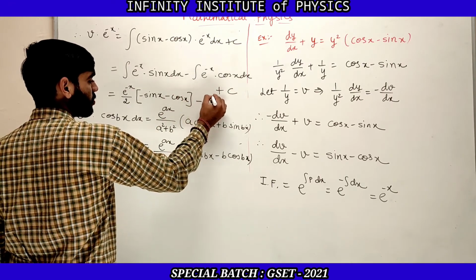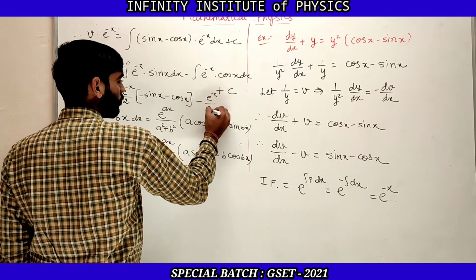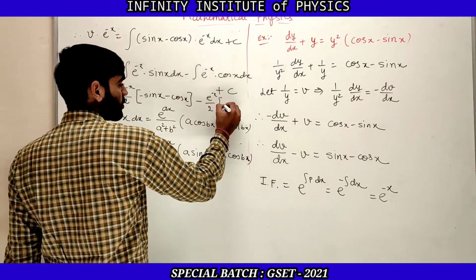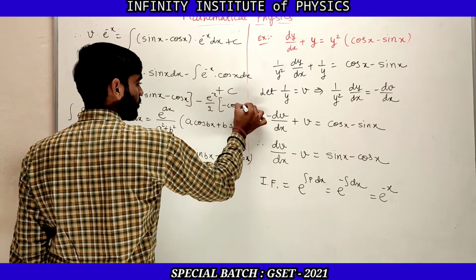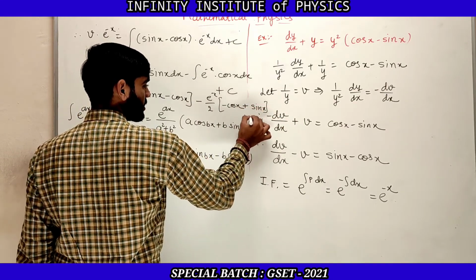Minus, this is also e raised to minus x by 2, a that is minus cos x plus b that is 1, and it is plus sin x, plus c.